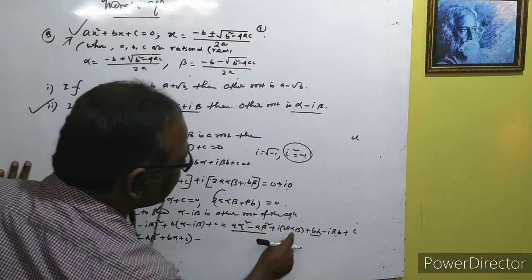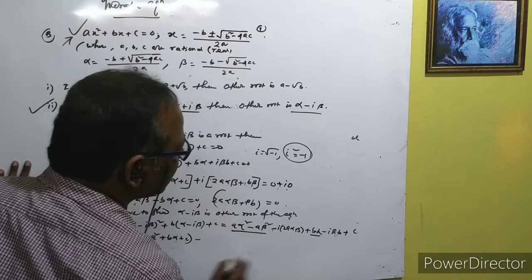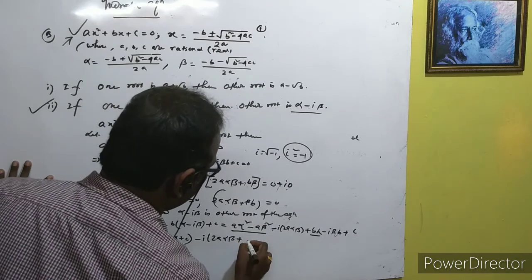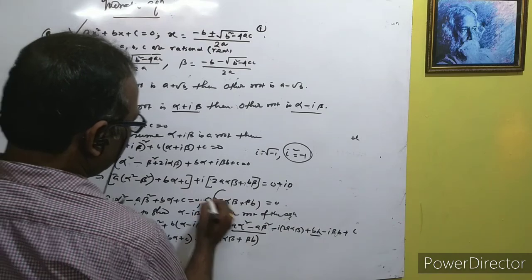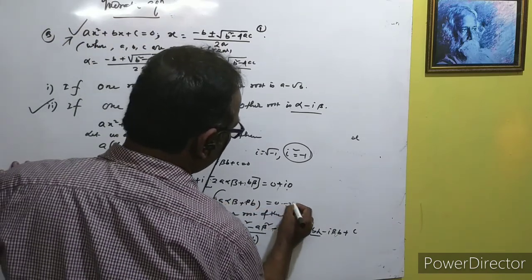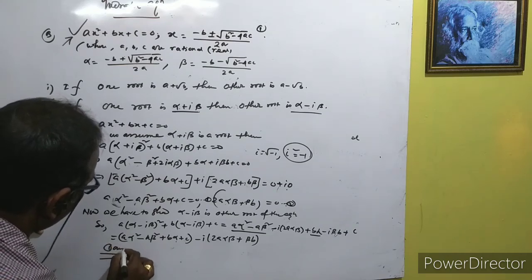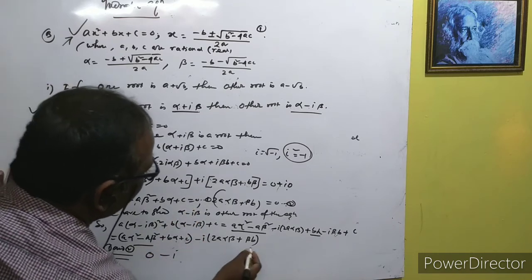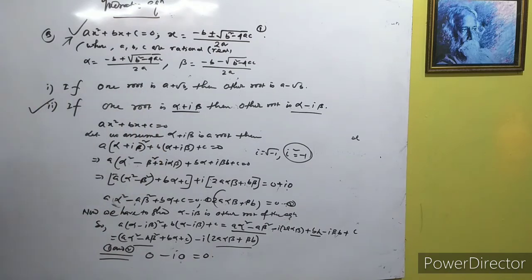Taking minus i common: 2a alpha beta plus b beta. From equations 1 and 2, the first is 0 and the second is also 0, so the whole expression equals 0. So alpha minus i beta satisfies the equation as the other root.